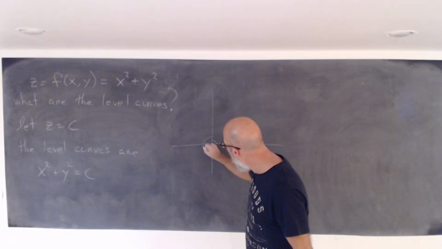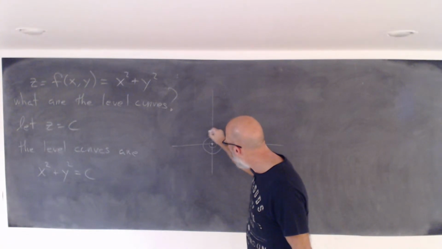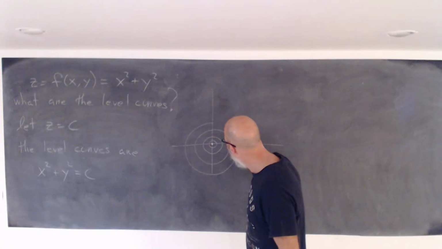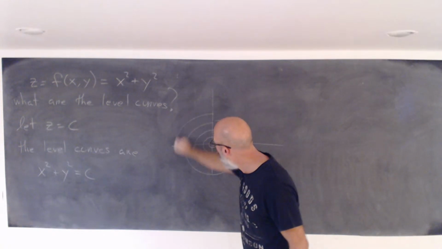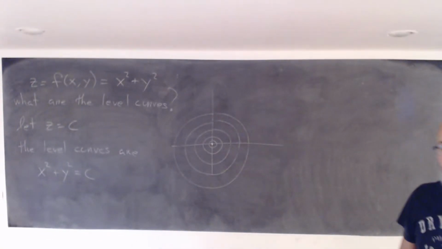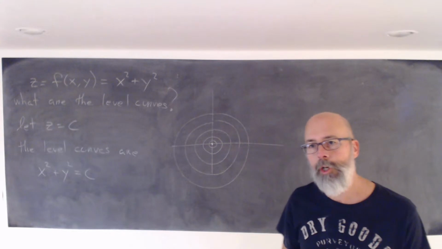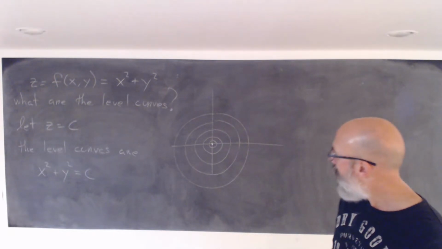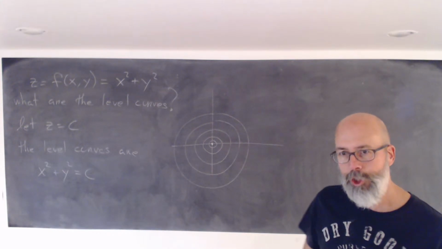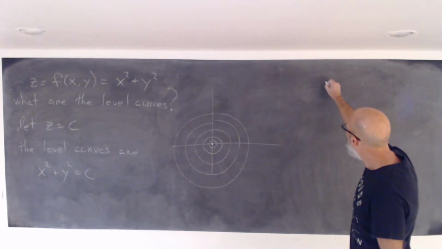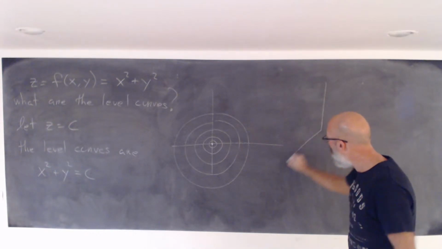So you have this family of circles centered at the origin. Let's make use of this observation to help us graph the function in 3D.